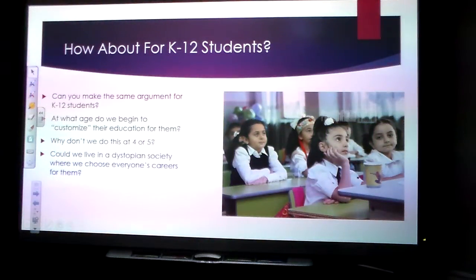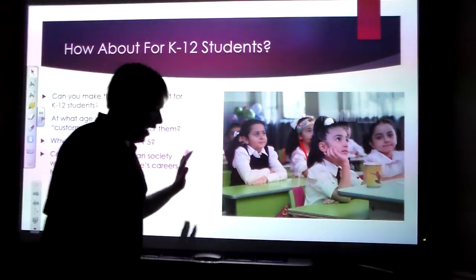So for K-12 students, we always argue we need to do whatever we can to make those customizable experiences for K-12 students. I do want to stress this, and I think this is a big idea. You customize education for kids really starting around 3rd or 4th grade, but when they get to middle school, that's when it starts to be customized. We don't do this at 4 and 5.